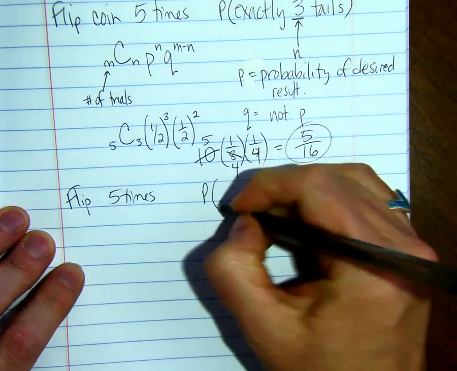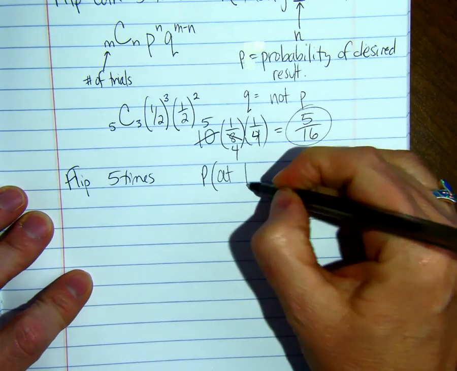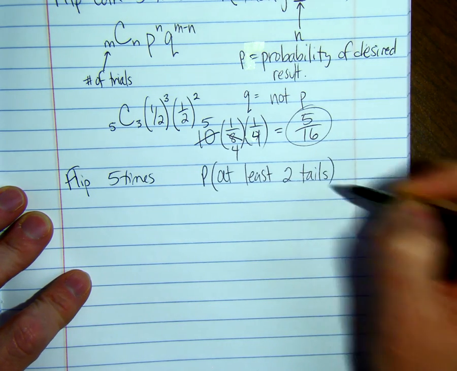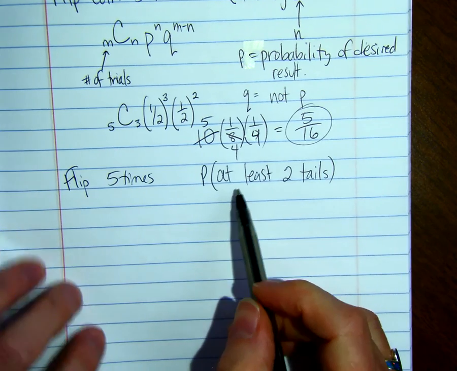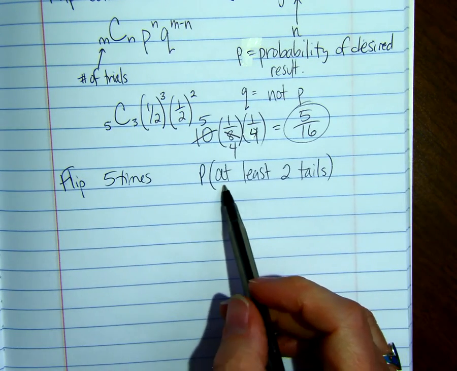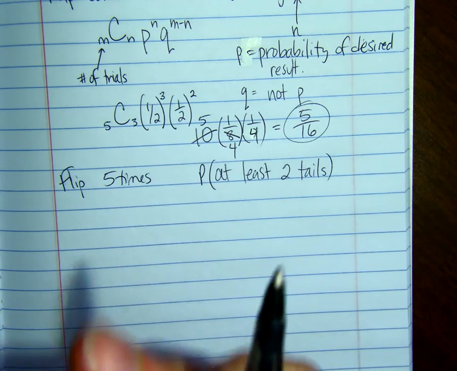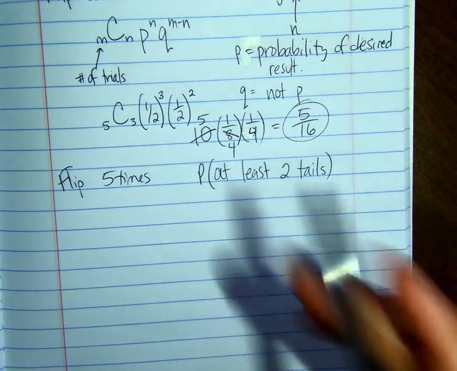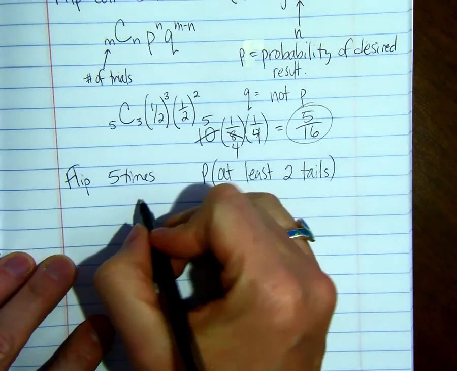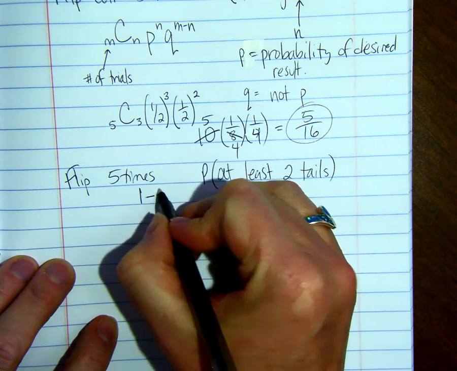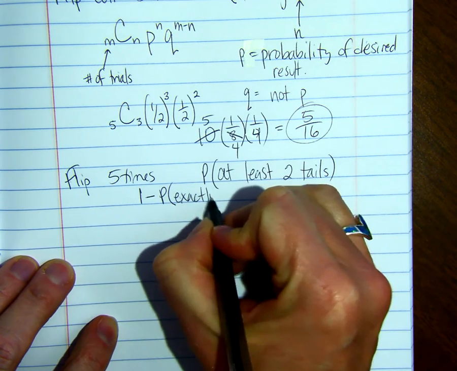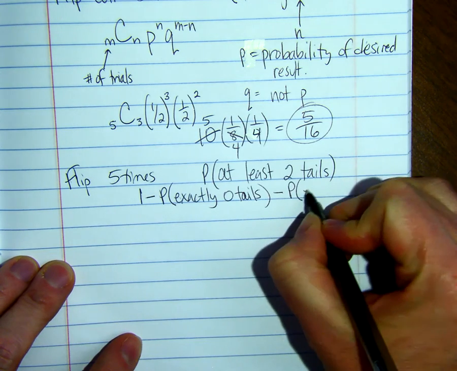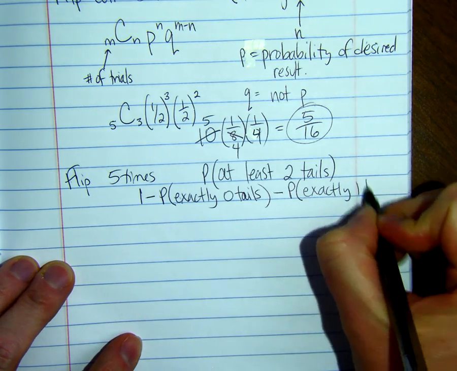We want the probability of at least 2 tails. Okay, so this is different because it could be 2, 3, 4, or 5 tails. So what you want to do is 1 minus the probability that you get exactly 0 tails, and then minus the probability that you get exactly 1 tail.